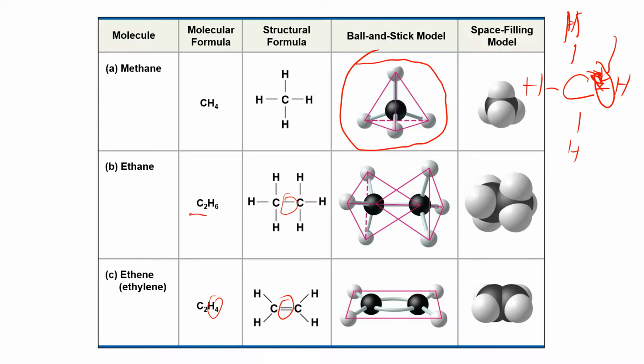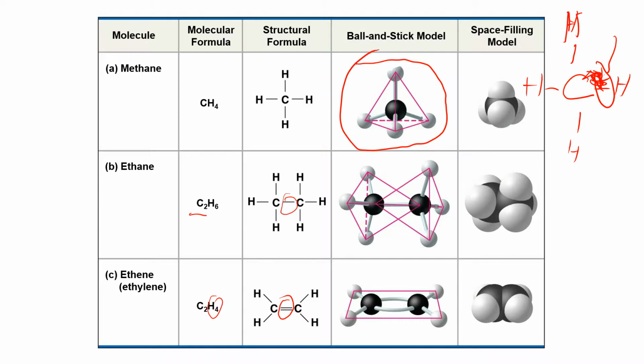It can basically spin. But here, when you're looking at something like ethene, this carbon atom is attached to the other carbon atom through a double bond, and that will only allow it to wiggle and waggle a bit.